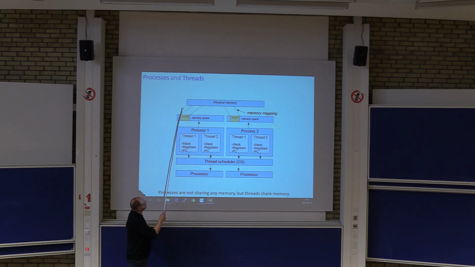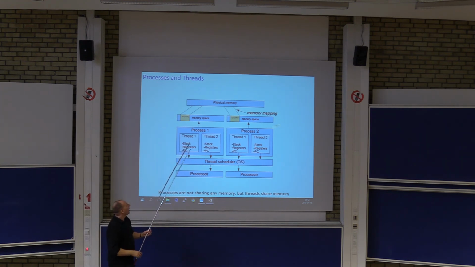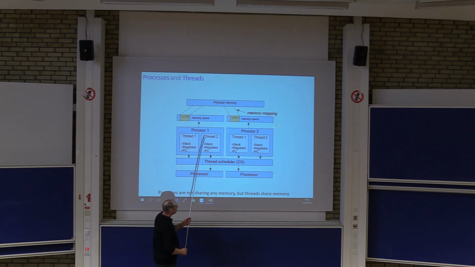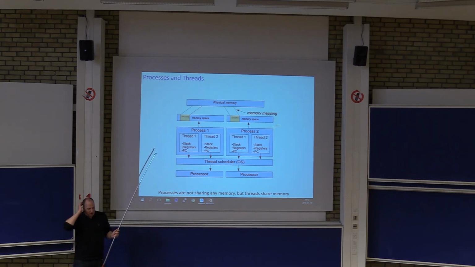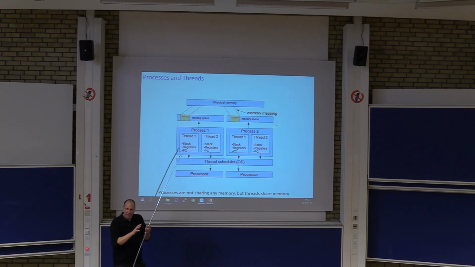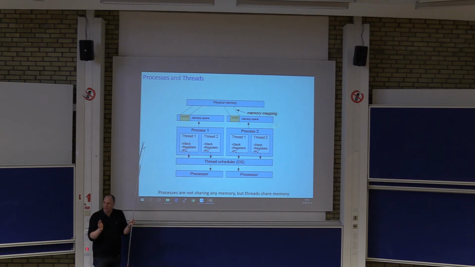So if we now take a computer like that, we have some physical memory. I think on this computer I have 16 gigabytes of memory. And then I will have different processes. And different processes are living in sort of their own view of the memory.